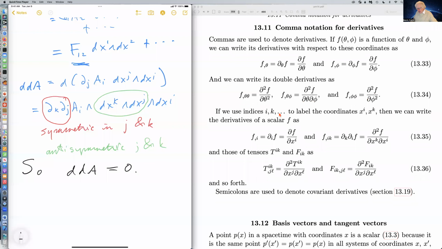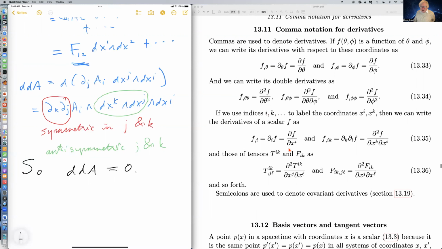Now, in special and general relativity, we typically use indices to label the coordinates, and rather than their names, theta, phi, x, y, z, we use indices. And that makes everything a lot easier because we just know we sum from 0 to 3, whatever the index is. Or if we're in a more general theory, we sum over whatever the range of that index is. And so in general relativity, people often use comma notation.